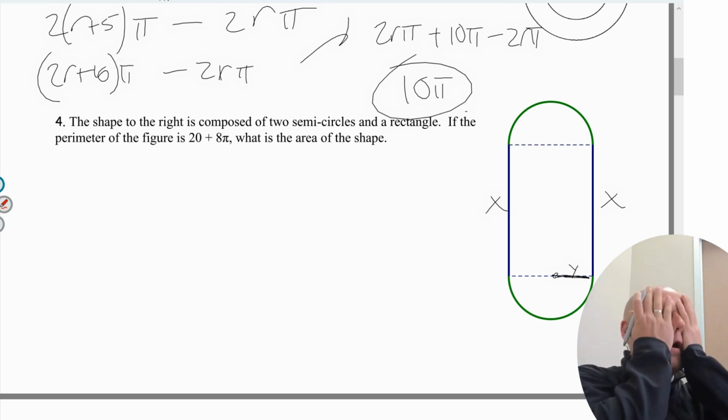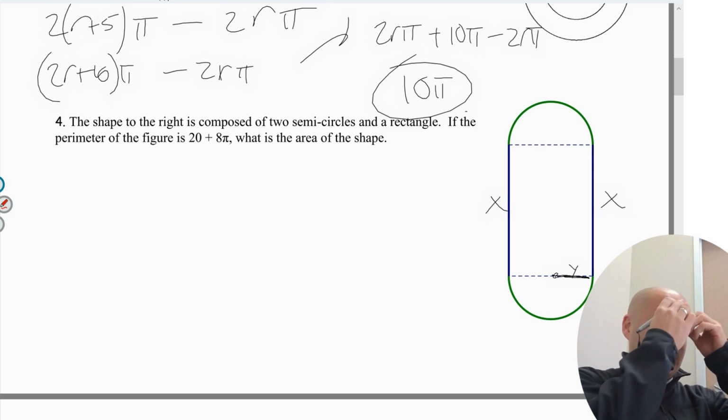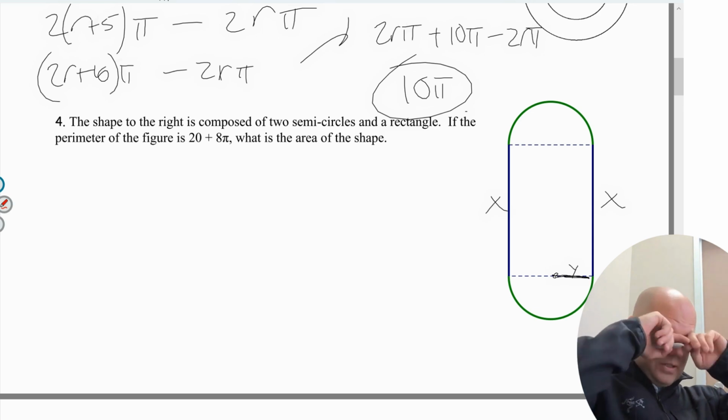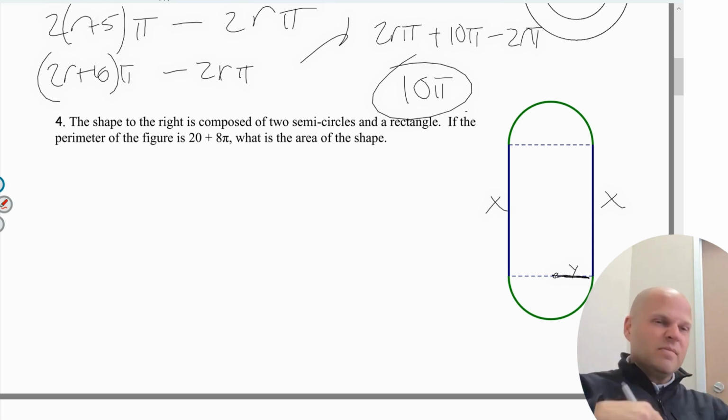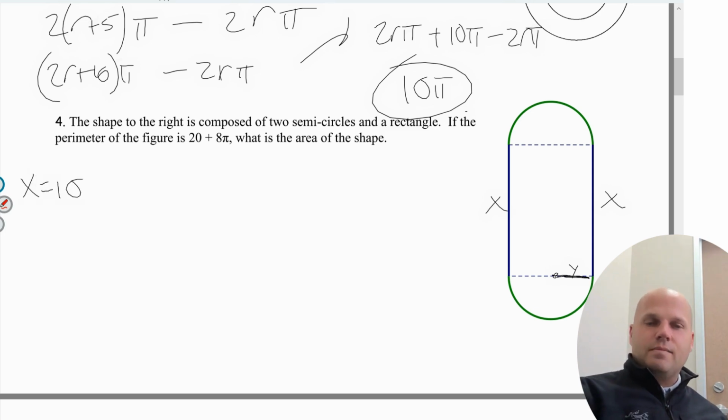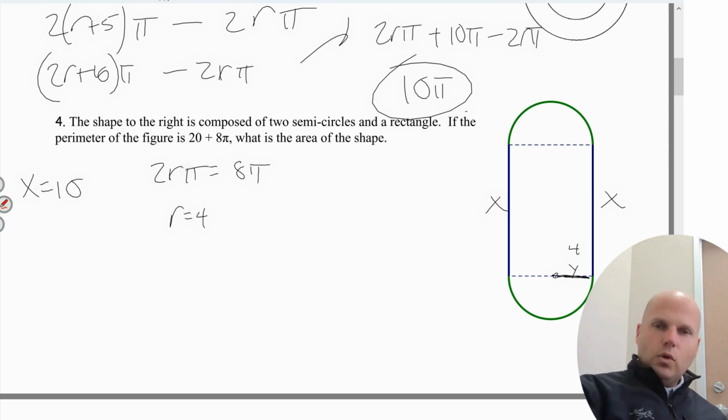I bet I can figure out two different answers to this question, but I'll go with the easier route. Let's assume x is 10, and then if 2r pi is equal to 8 pi, that means r has to equal 4. Or y has to equal 4.